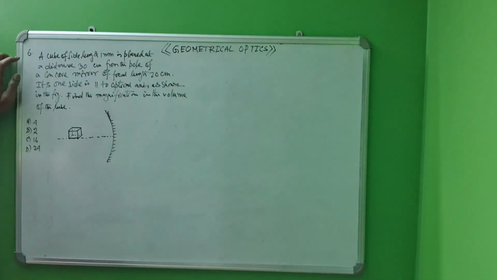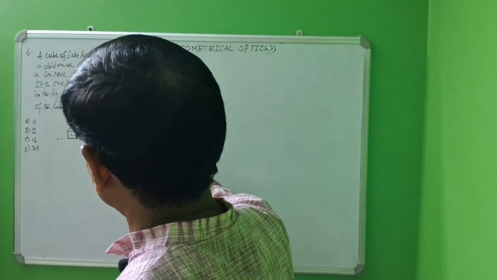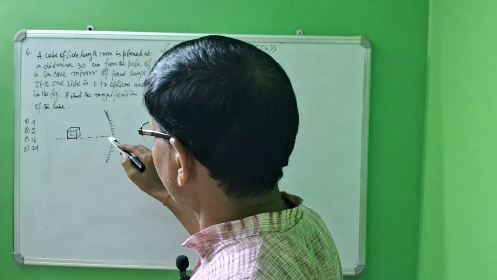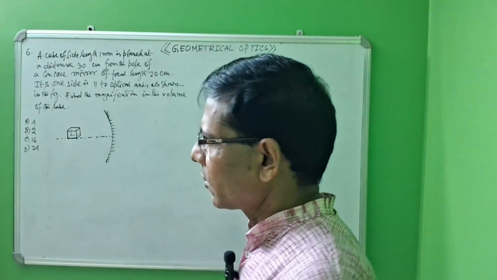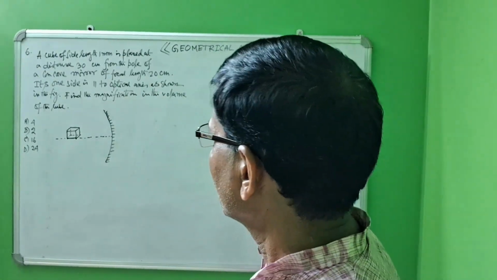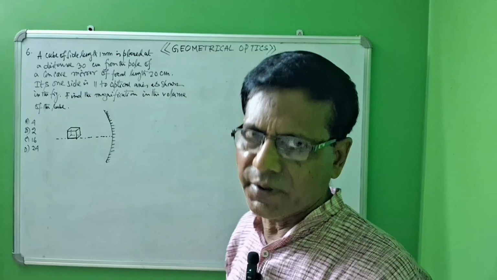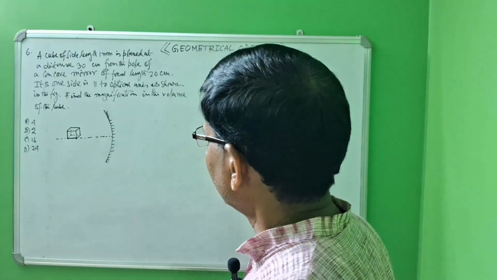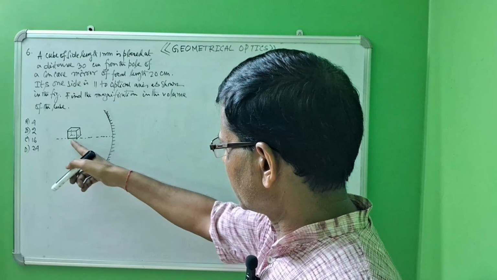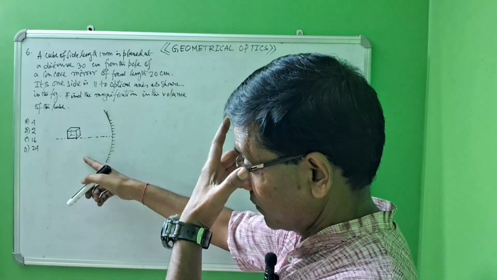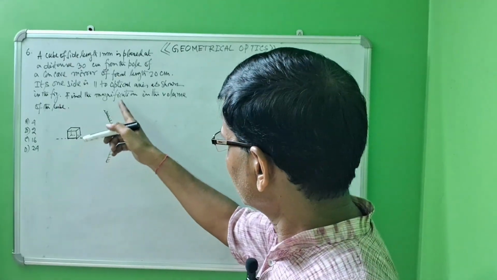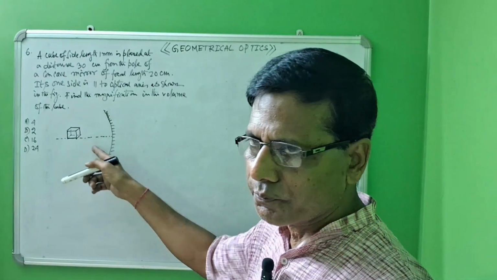A cube of side length 1 millimeter is placed at a distance of 30 centimeter from the pole of a concave mirror of focal length 20 centimeter. Its one side is parallel to the optical axis.